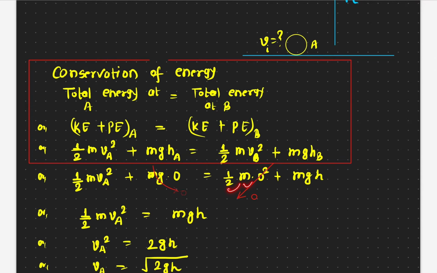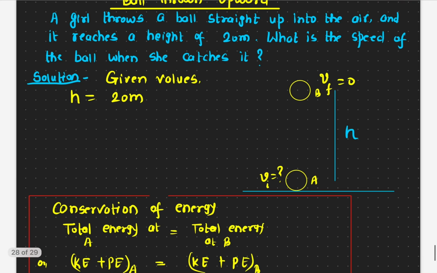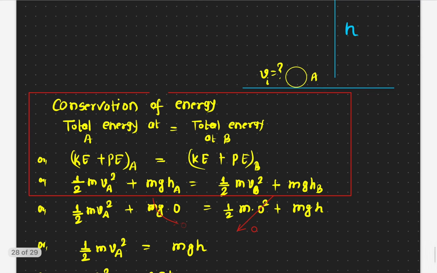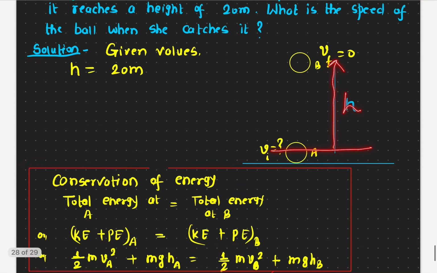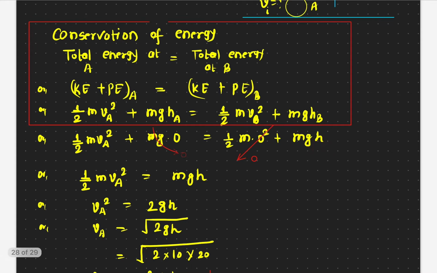Half m vb squared: when the ball goes to the peak, at that point the speed of the ball will be 0. What we call the final speed is 0. Then mgh, and this height from this reference level is h. That's the reason we have chosen h. This term is 0 because the speed is 0, and that term is 0 because the height is 0.